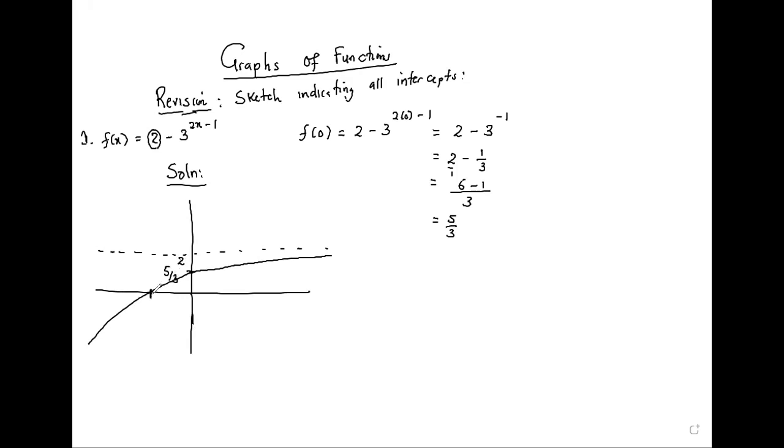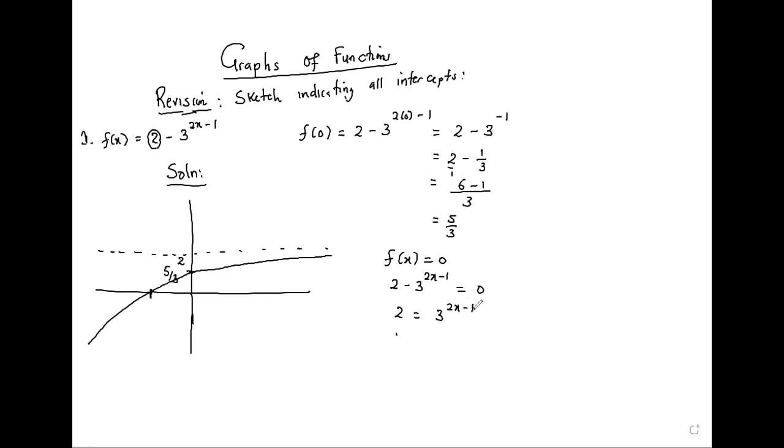Then it's also cutting the x-axis. So for this, you always equate f to 0. Meaning we have 2 minus 3 to the power 2x minus 1 equal to 0. So we push the 3 to the other side. When you do that, we know that the function that drops the powers is a log function.